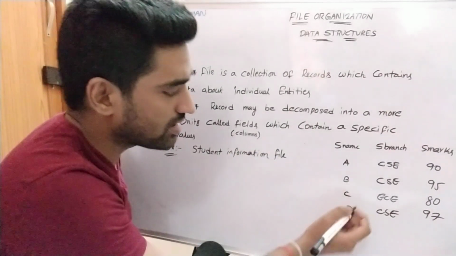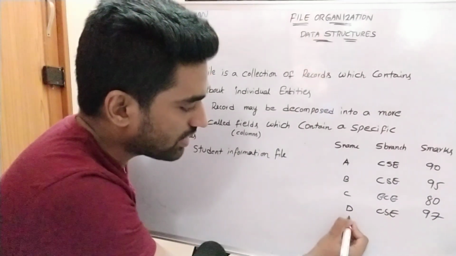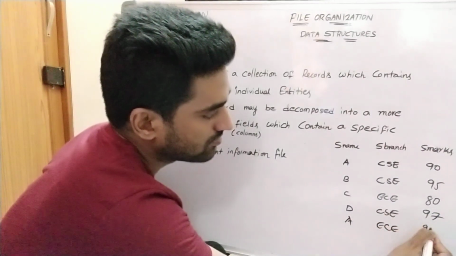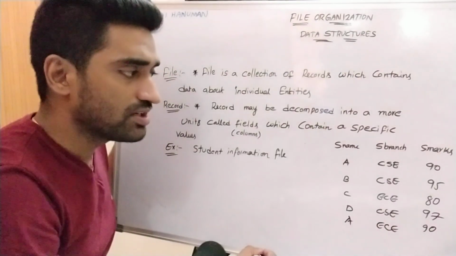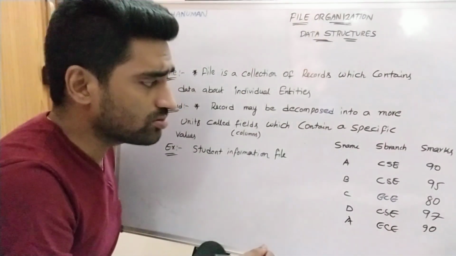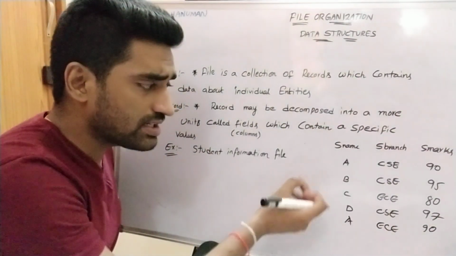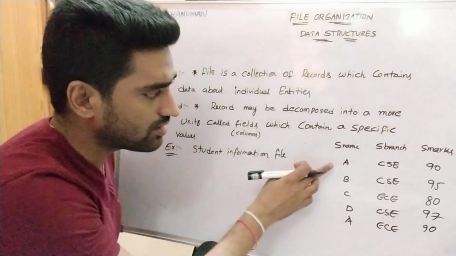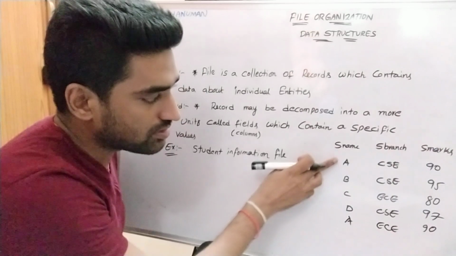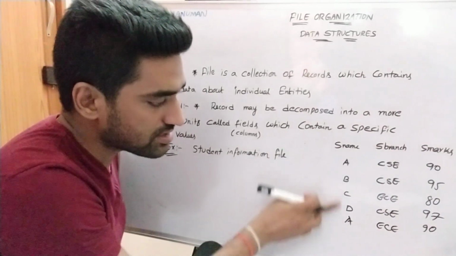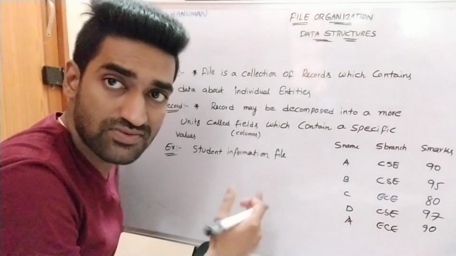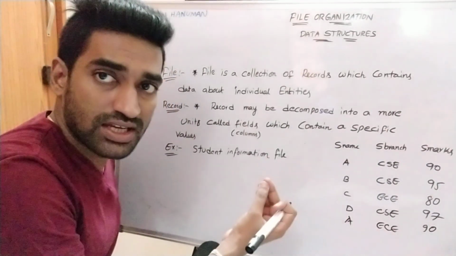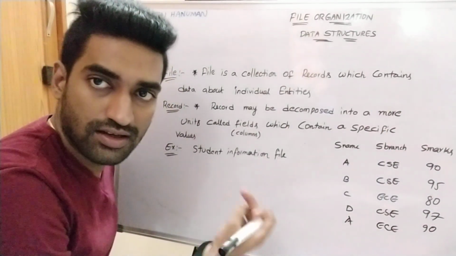For suppose here I am adding one more record: A, ECE, 90. If I want to retrieve student A's record, more than two students contain the same name A. In such cases, it is very difficult to find out which student's information is accessed.